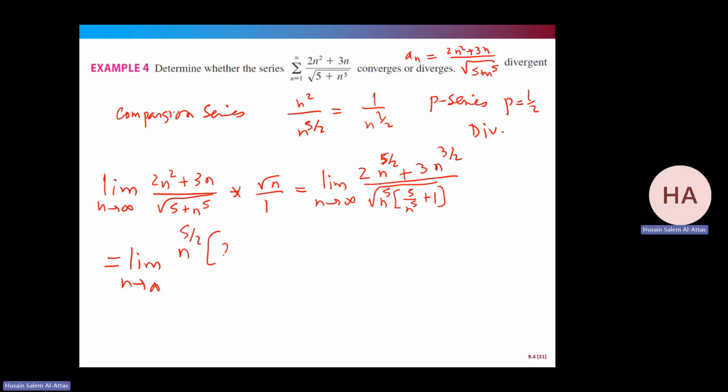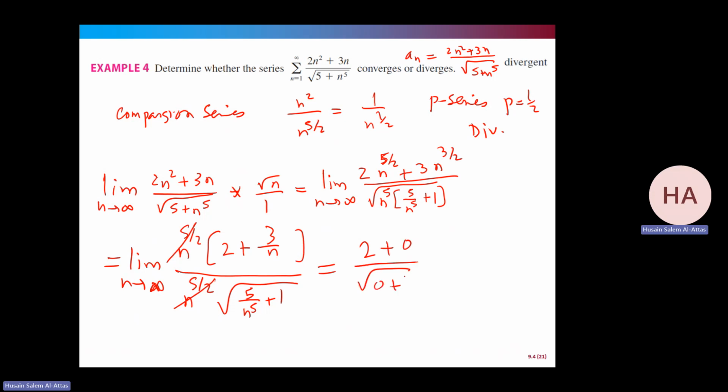What remains is 2 plus 3 n to the power minus 1, which is 3 over n, over n to the power 5 over 2. Everything is positive, so as n goes to infinity, the square root of 5 over n to the power 5 plus 1. This cancels. Apply the limit: you have 2 plus 0 over the square root of 0 plus 1, which is 2, positive.